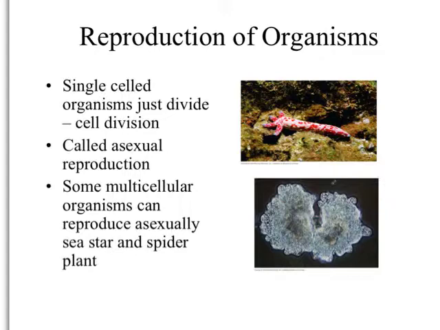Now there are a few different ways that organisms can reproduce themselves, like the whole entire organism. Single-celled organisms obviously just divide. They can just go through cellular division and divide into an identical cell, and this is called asexual reproduction. There are some multicellular organisms that can reproduce asexually as well, like the sea star and the spider plant.